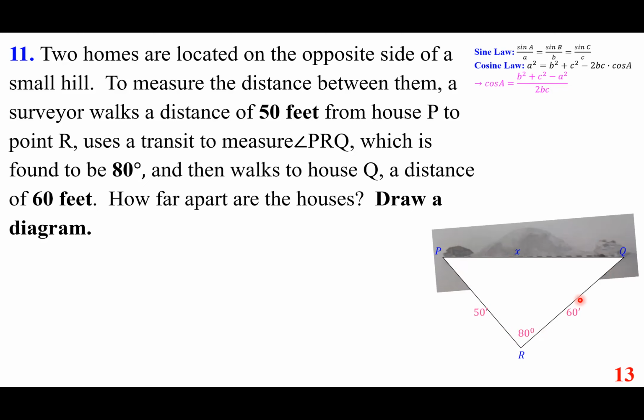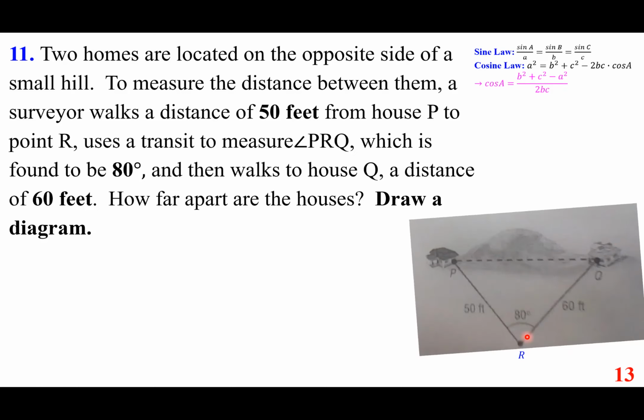This is, when we turn 80 degrees, this is 60 feet. This is 80 degrees. And it looks something like this. PQR, 50 feet, 60 feet, 80 degrees. So we are interested in finding the value for this distance, PQ, or we call it X.